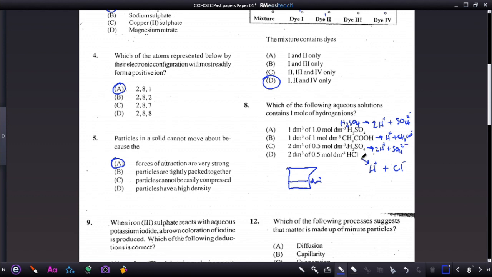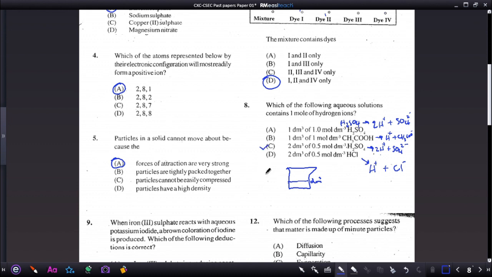So if 0.5 moles were dissociated, and it's a 1-to-2 mole ratio between sulfuric acid and the H+ ion, then here we have 0.5 moles, and over here it's 0.5 times 2. So it is 1. So we end up with 1 mole of the H+ ion dissociated from 0.5 moles of the sulfuric acid.